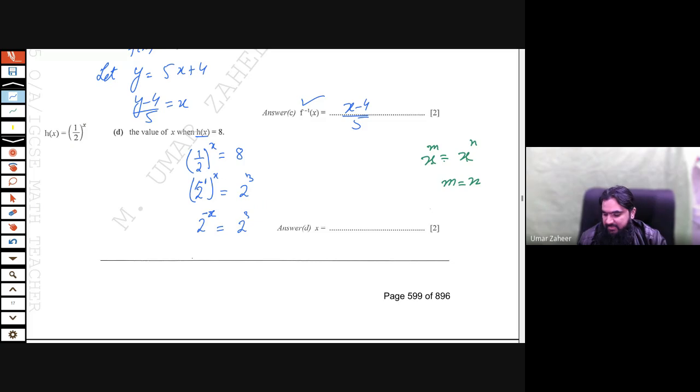Same as we are going to conclude that minus x is equal to 3. Bases are the same, so the powers are equal as well. So x is equal to minus 3. The first step is from functions, but the rest of the steps that we have done are from indices.